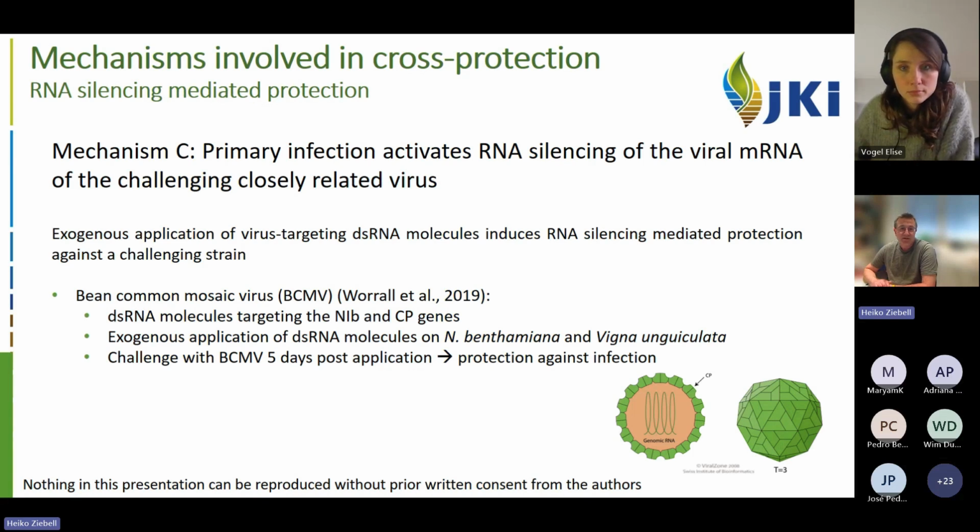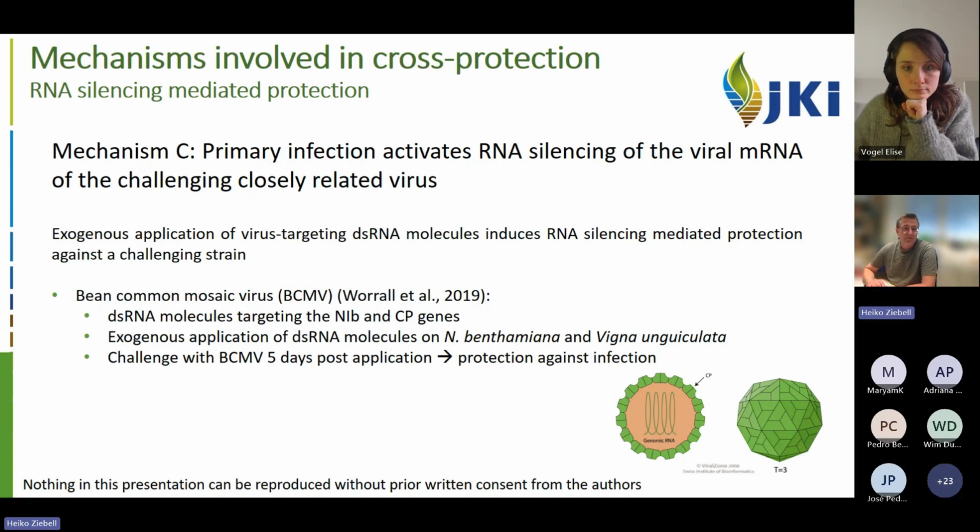RNA silencing was described almost 30 years ago, and what it means is that a primary infection may activate the RNA silencing machinery of a plant and therefore prevent a challenging strain from infecting that plant. And it has been shown that the application of double-stranded RNA molecules that are targeting a challenging virus can induce RNA silencing and therefore protect these plants.